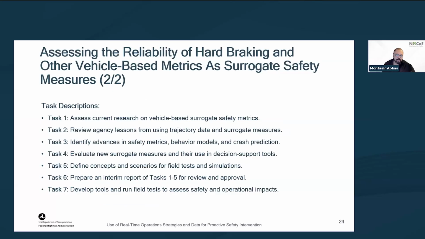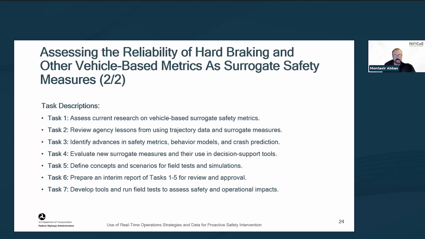Just to highlight the point here, the idea is not to just go with hard braking as the sole or the very reliable measure, but really looking into the behavioral models that we can bring to the table and the other safety metrics that could be brought to the table to make this more reliable. And then also evaluating new surrogate measures and their use in decision support tools, and then defining concepts and scenarios for field tests and simulation.